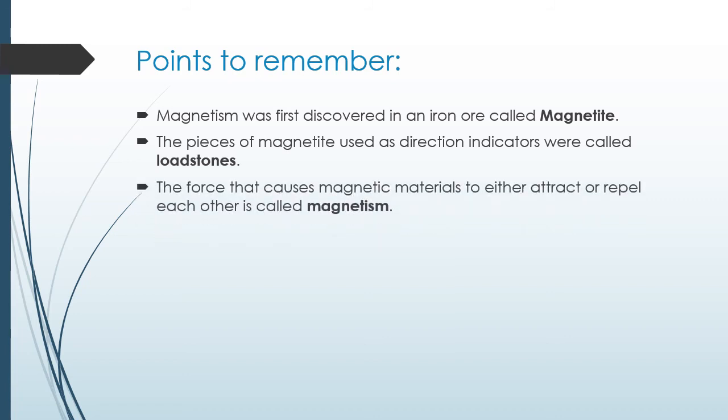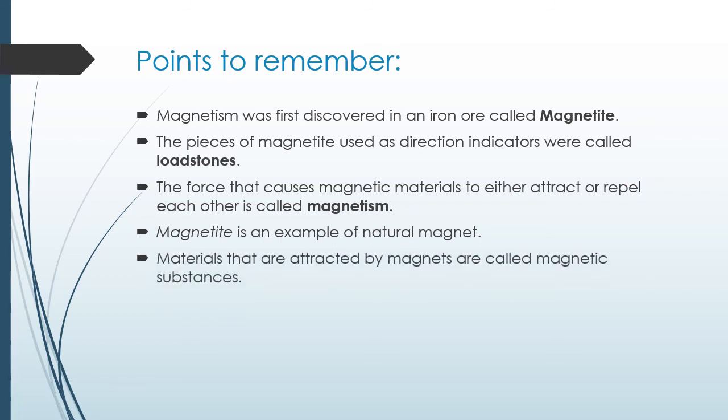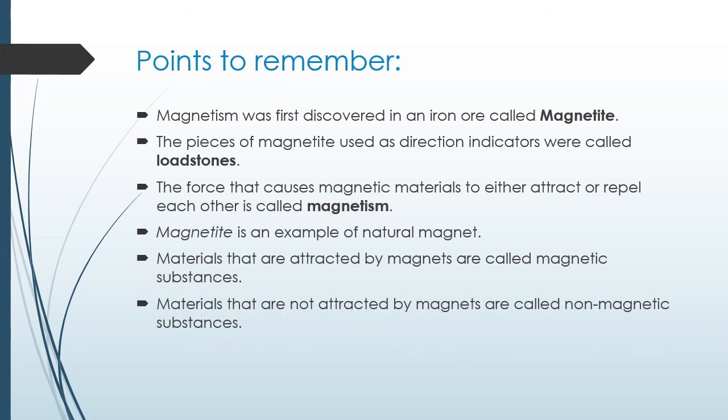The force that causes magnetic materials to either attract or repel each other is called magnetism. Magnetite is an example of natural magnet. Materials that are attracted by magnets are called magnetic substances. Materials that are not attracted by magnets are called non-magnetic substances.